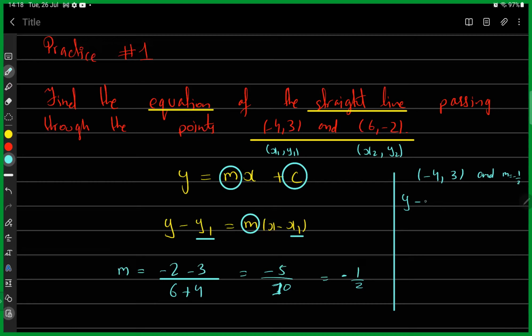So it is y minus 3 equals -1/2 times (x plus 4). After simplifying I would get y equals -1/2 x minus 2 plus 3, and this would give me y equals -1/2 x plus 1. So this is going to be the answer.